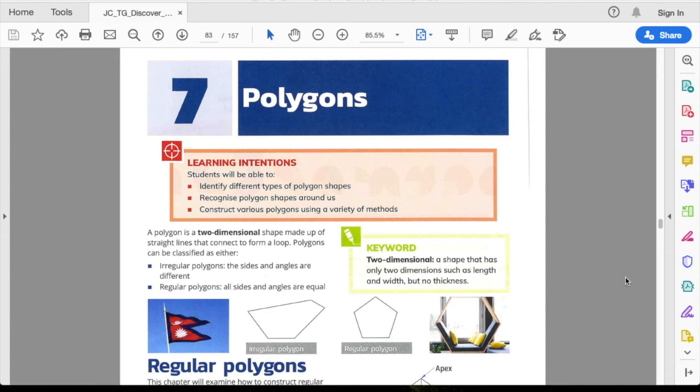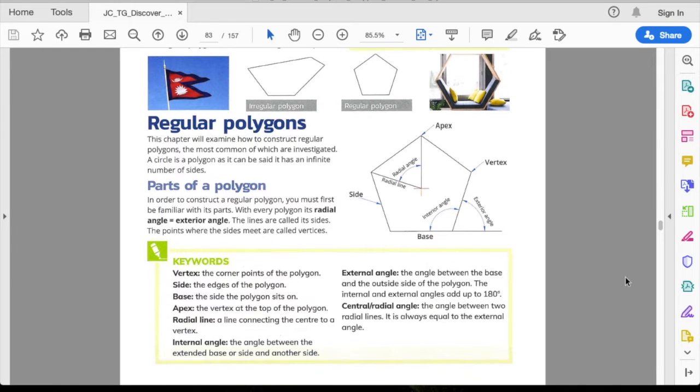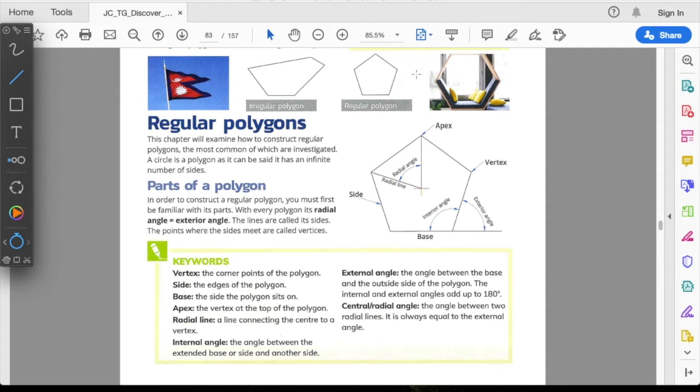Okay, so what we have with it then, if we go down a bit more, is regular polygons. What we have in this is a few things that are the same no matter what shape we're looking at. Now in this one they have a pentagon, but this would be true for the other types of polygons as well. Okay, we have the different names.